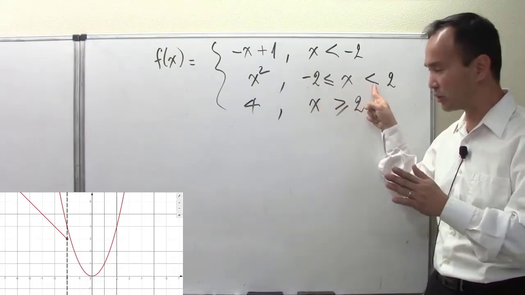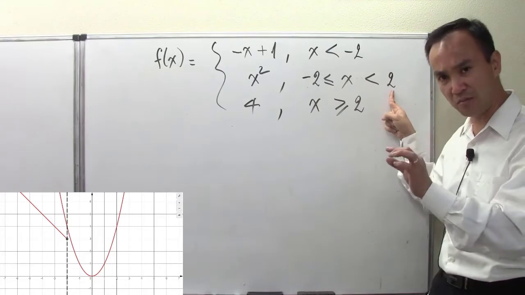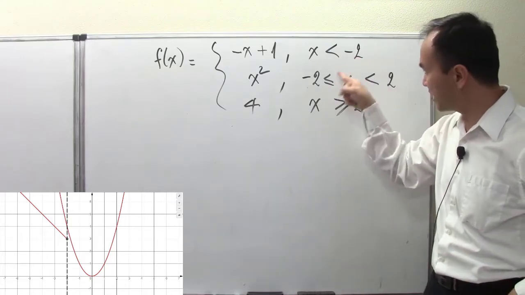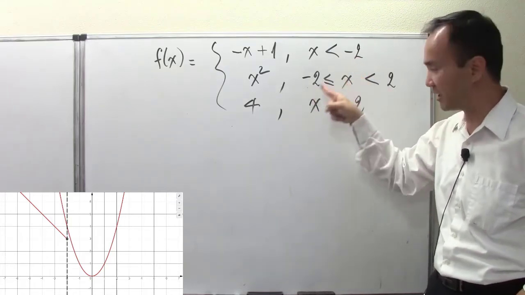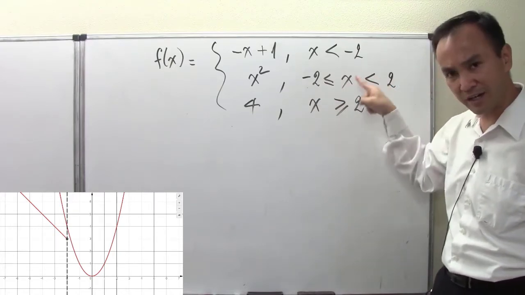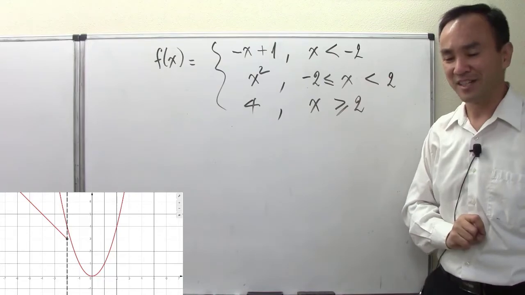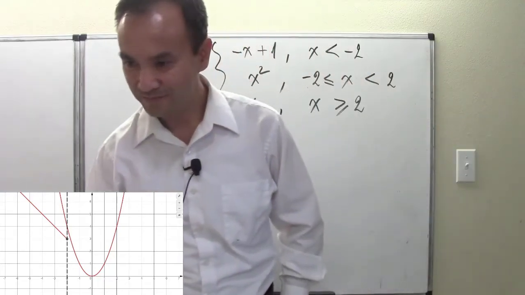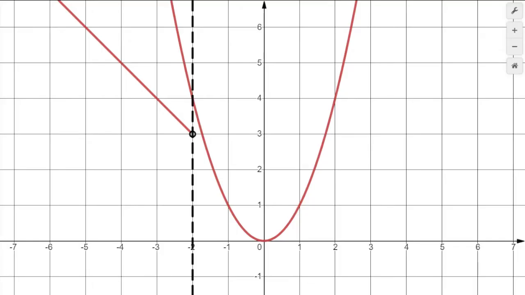But now notice we have a second breakpoint. Negative 2 was already explained as one breakpoint, but it looks like we're going to have another break line right here. Here's the second break line. So this is x equals negative 2, and this is x equals 2.